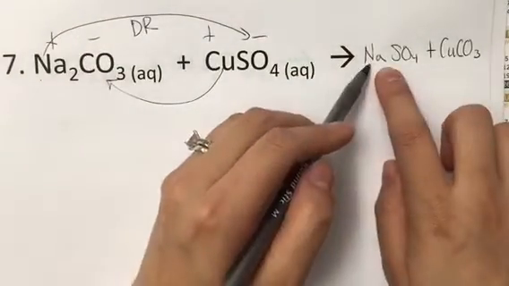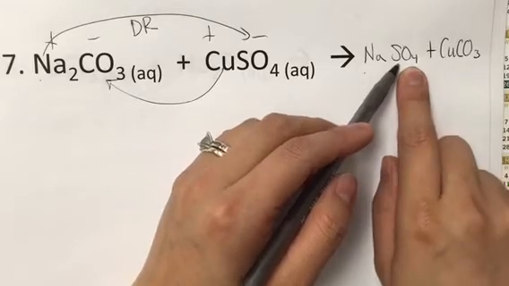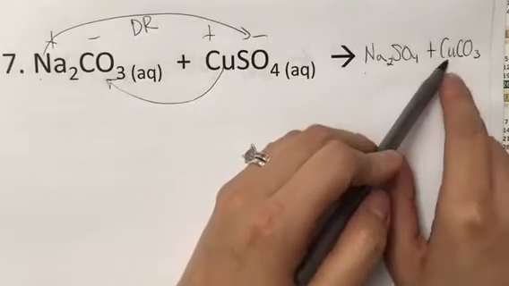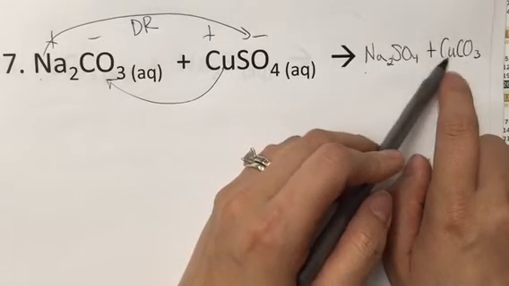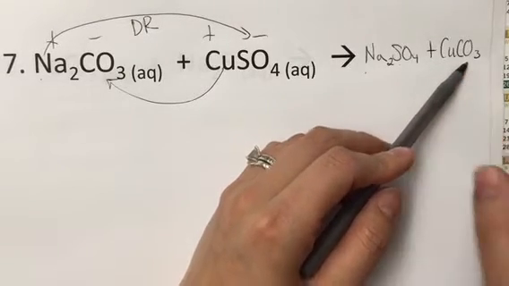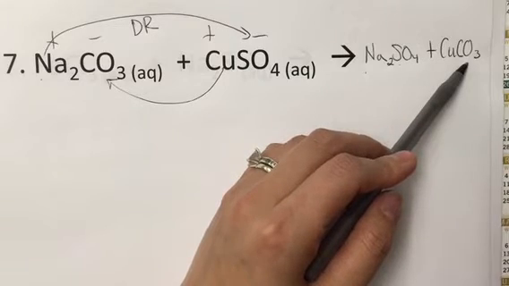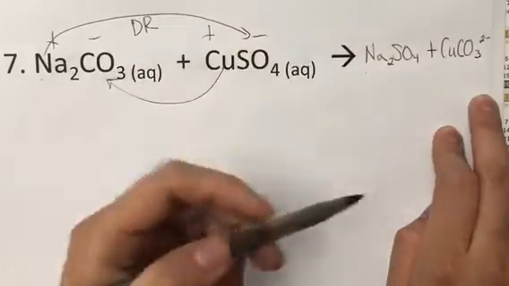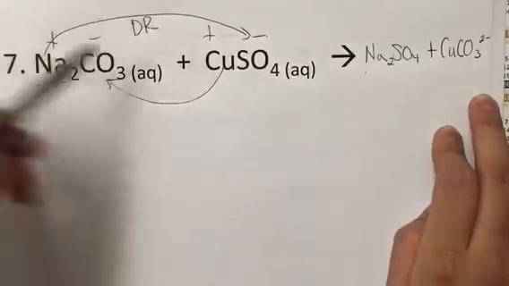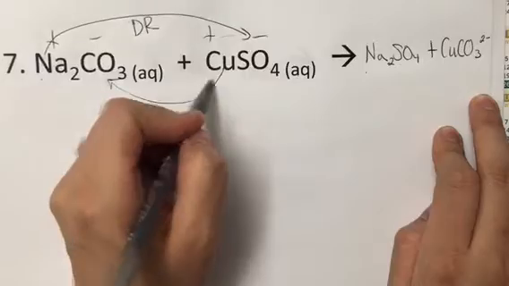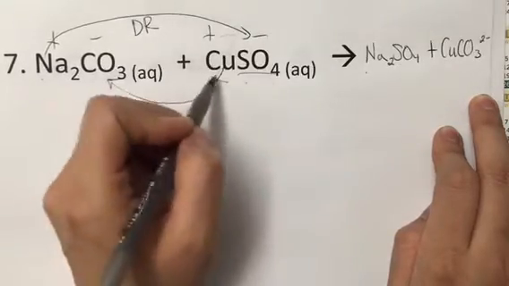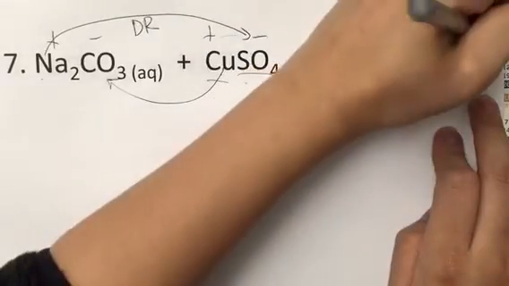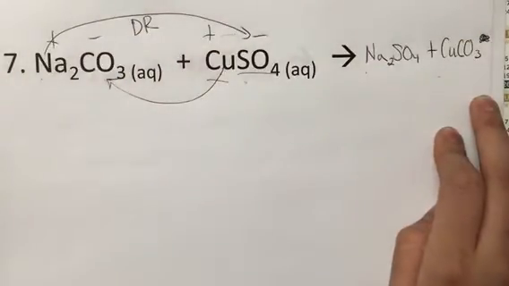Na is plus, SO4 is a 2 minus, so I'm going to say Na2SO4. For Cu, CO3, I don't know what Cu is, but I know the CO3 is going to be negative 2. I see over here that this was bonded to this one in a 1 to 1 ratio, so most likely this is just a 2 and 2, so this one can just stay the way it is.